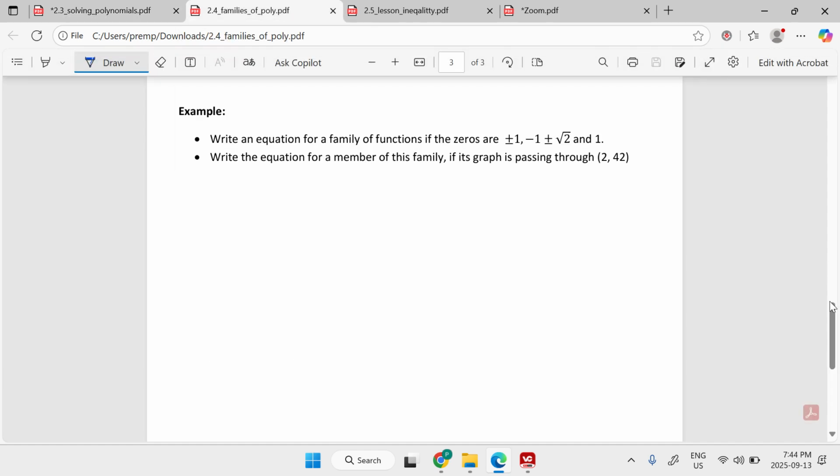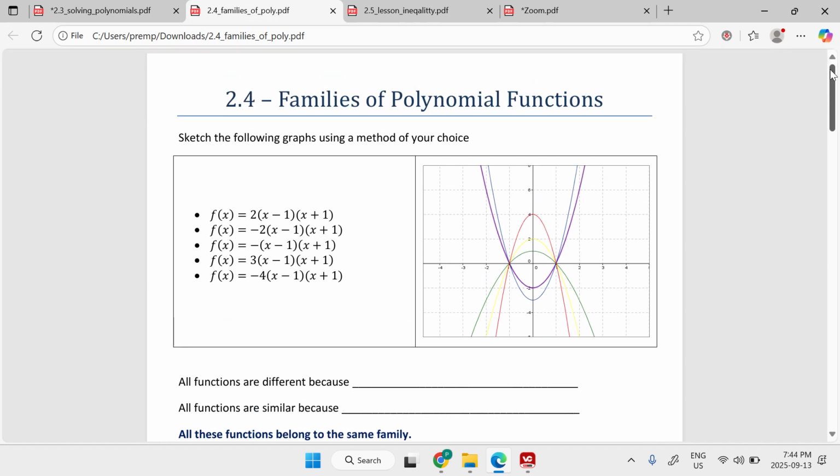And then we have this next one, families of polynomial functions. Students, families of polynomial functions having the same factors means at the x-axis they have the same behavior. Like you can see here, x minus 1, x plus 1, all this.